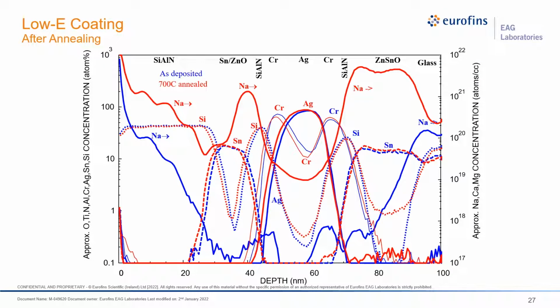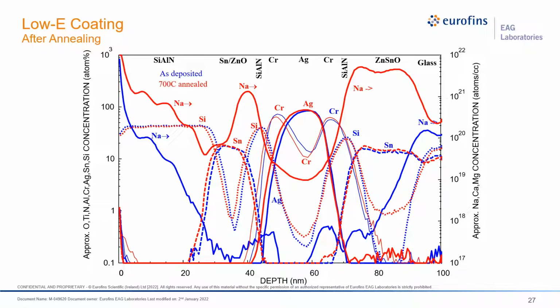So what happens when you anneal that sample? The same sample, after annealing at 700 degrees C, we see that the sodium from the float glass has diffused roughly about 10,000 times higher into this zinc tin oxide layer. And it actually continued, peaking at this interface and all the way towards the substrate in this protective layer.